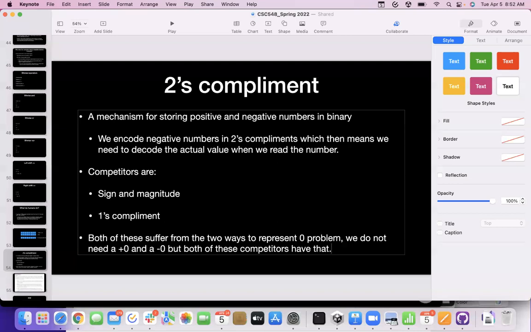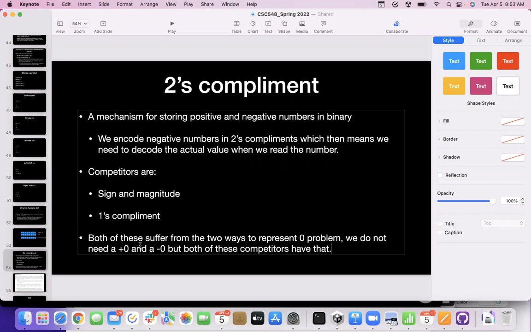We have a positive 0 and we have a negative 0. Seems like a waste. We only need to represent 0 once. So 2's complement allows us to encode a number where we only have one representation of 0, which then gets us an extra value on the negative side. That's why it's negative 128 to positive 127 for signed numbers.